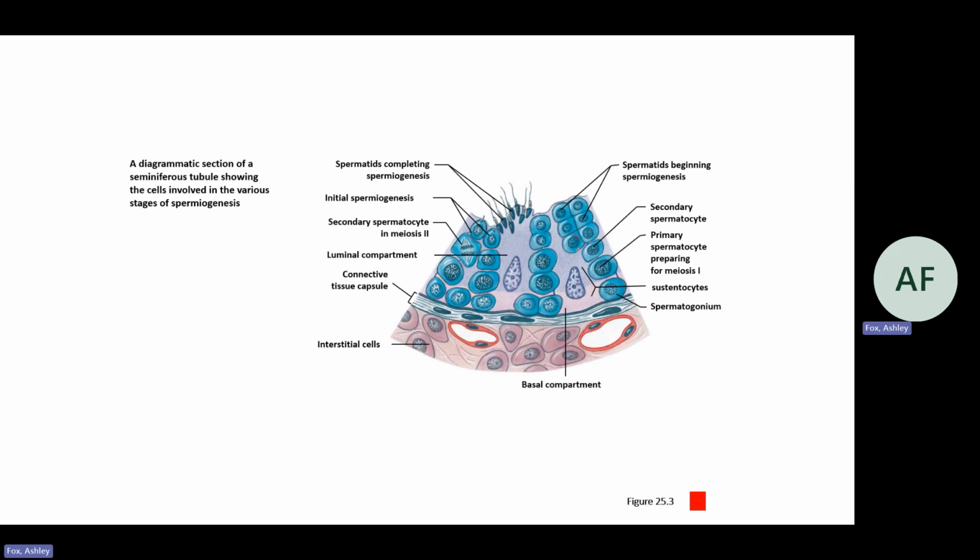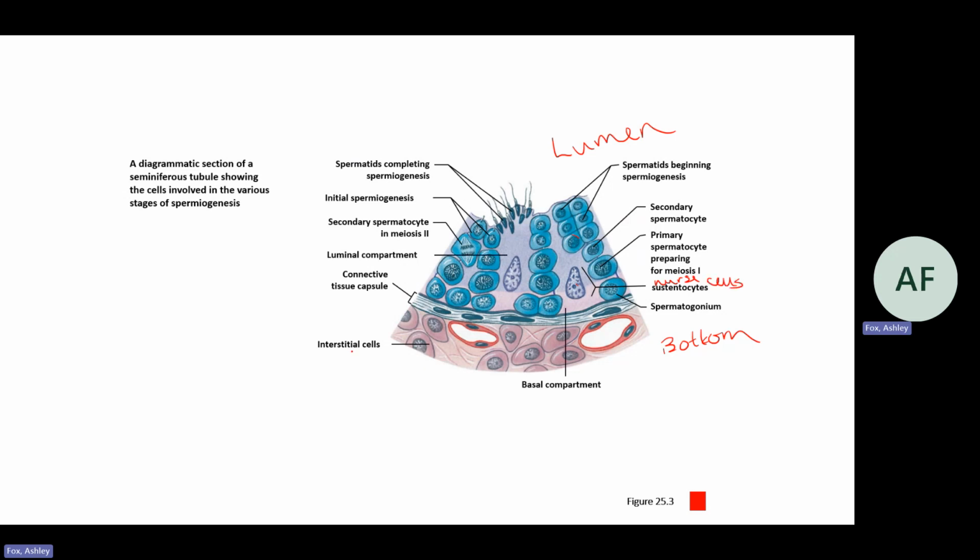So this is looking again. We have our, kind of getting closer to the lumen. So this is the bottom down here, and then this is the lumen. So again, we're going to have nurse cells are going to be here. So sustentacytes or nurse cells are here.